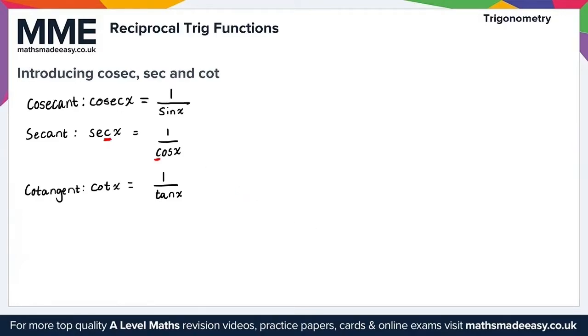If we repeat this with cosec x, the third letter is the S, and that corresponds to sine. And finally, the third letter of cot x is the T, and again that corresponds to tan x. So that's how we remember that sec x is 1 over cos x, and that gives us everything we need for introducing the three reciprocal trig functions.